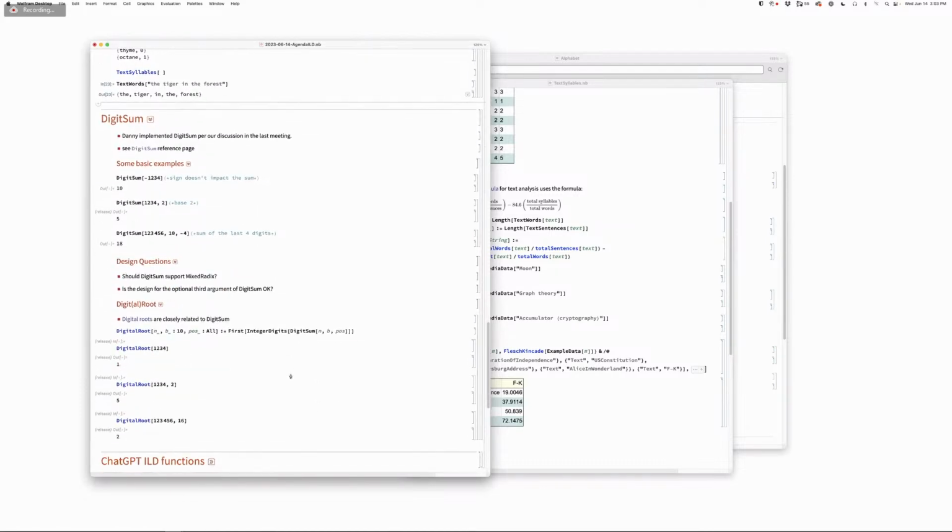What is digital root? So there's a link there, but it is basically the leading value on a digit sum. What do you mean by that? So it's the highest order digit from a digit sum, regardless of the base. Who cares?